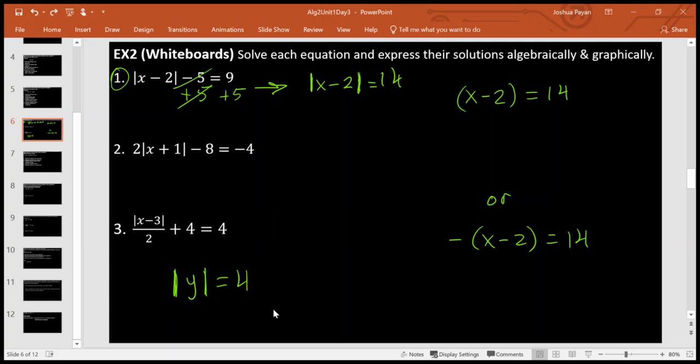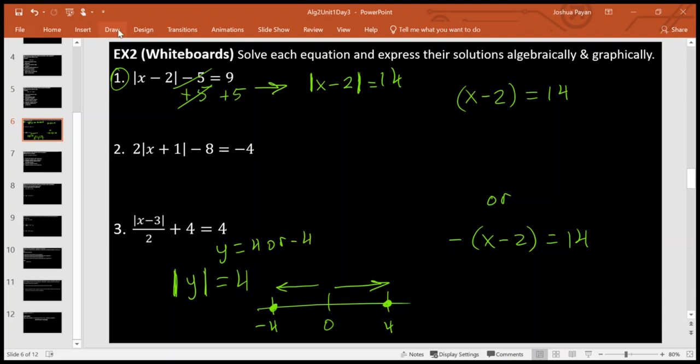If I've got a number line and I say what two numbers have an absolute value of 4, or a magnitude of 4, there's not just one that does. There's two numbers that are that distance from 0, namely positive 4 or negative 4. So that means y here is equal to 4 or negative 4.